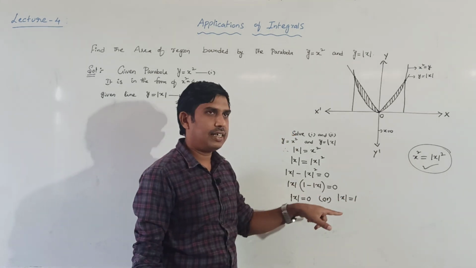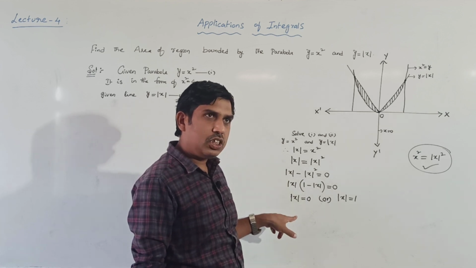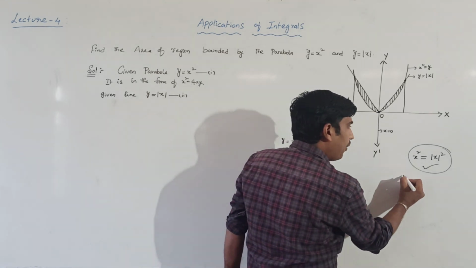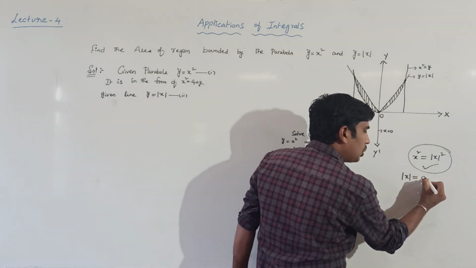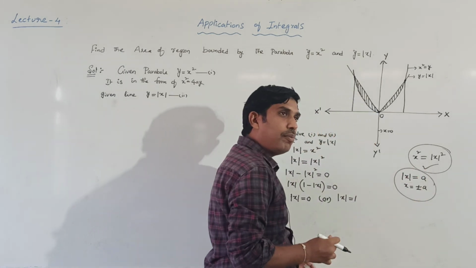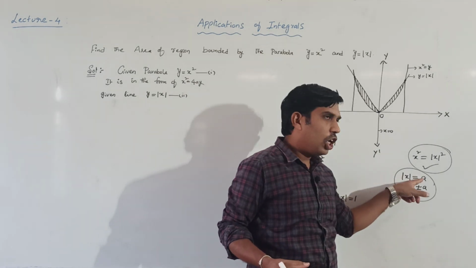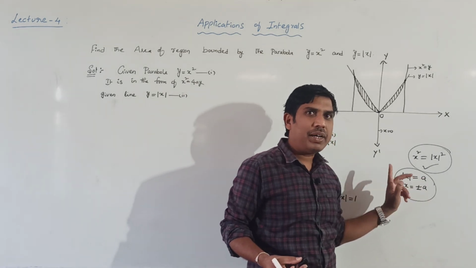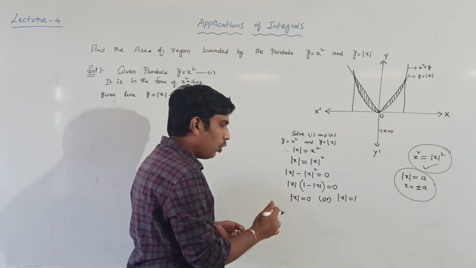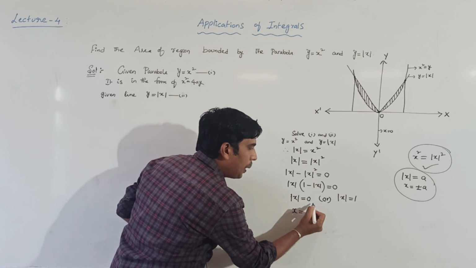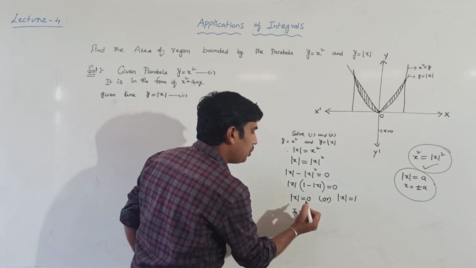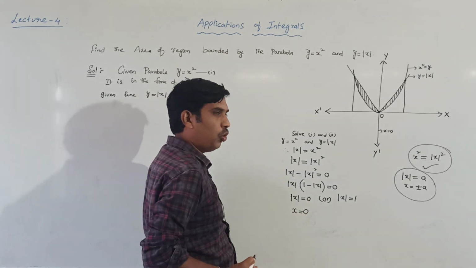So either mod x is equals to 0 or mod x is equals to 1. So in first year we have that mod x is equals to a, then x is equals to plus or minus a. When modulus removed one side, automatically right side will get plus or minus. So use that mod x is equals to 0, then x is equals to plus or minus 0. Plus 0 and minus 0, the two are same only, just you write down x is equals to 0.